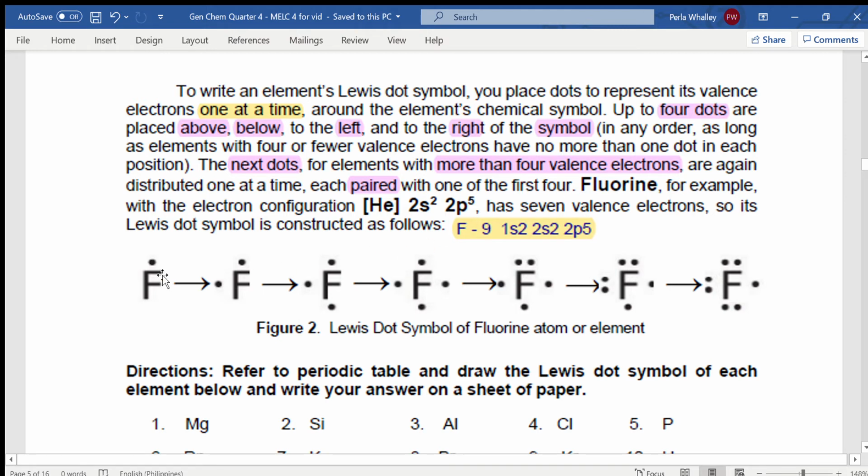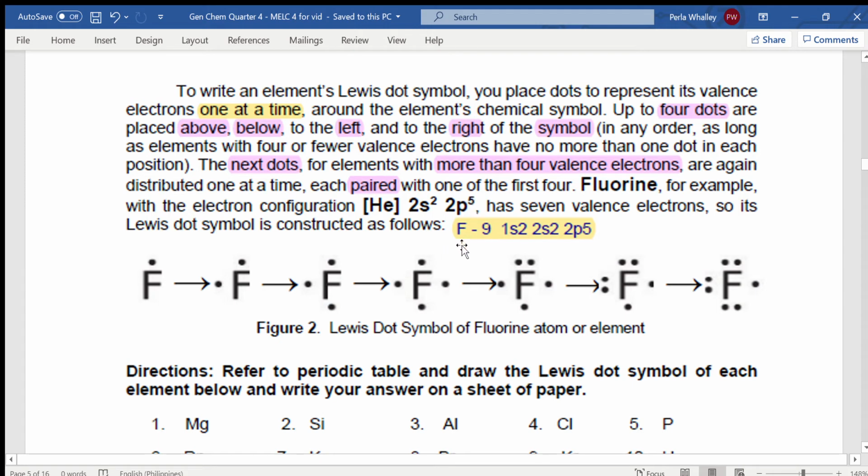For fluorine, the electron configuration is He, the core noble gas for abbreviated electron configuration, 2s2 2p5. So the valence electrons are 7, and fluorine belongs to group 7A in the periodic table.